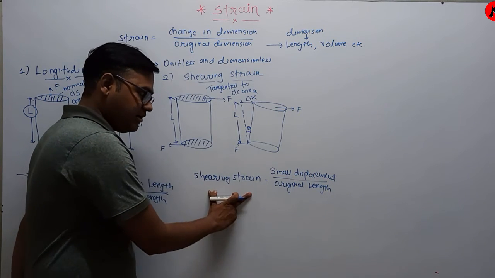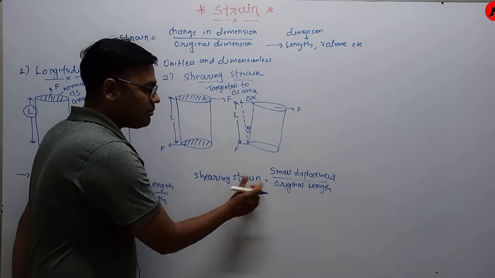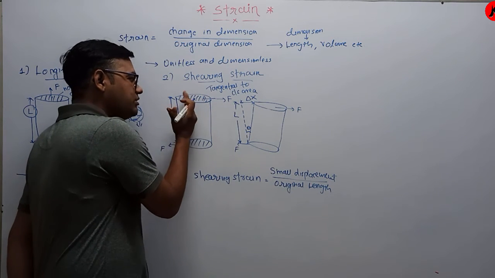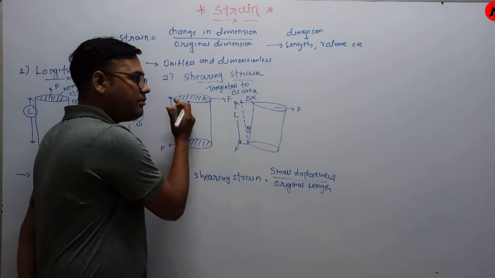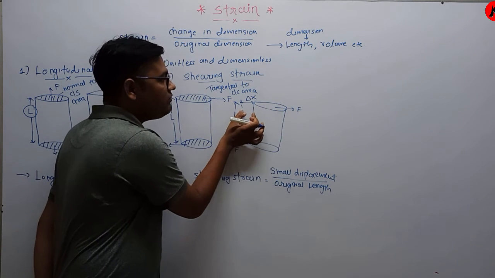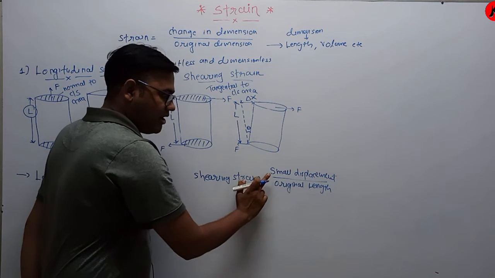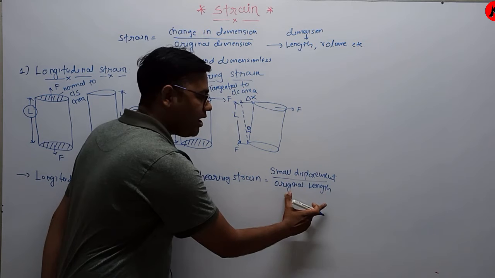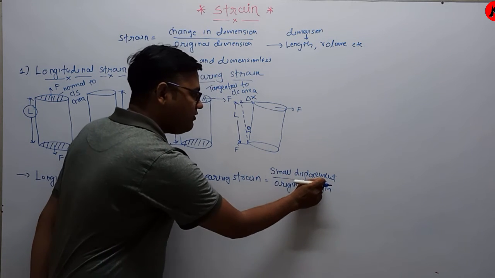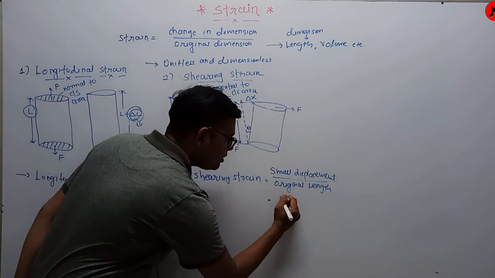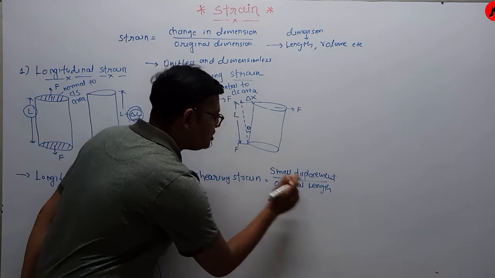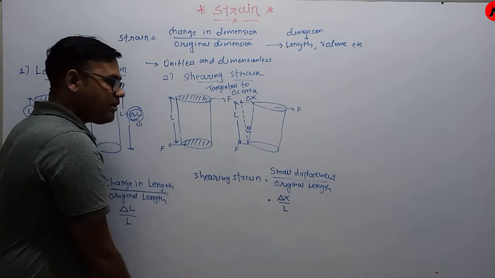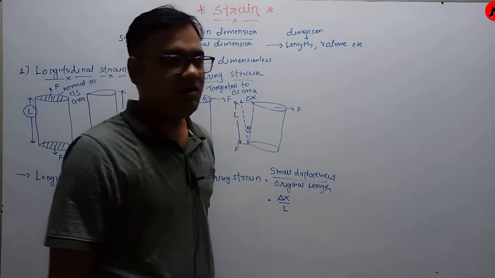In shearing strain, I am repeating, the original position of the cylinder is like this, but when we apply the force, a small deflection delta x occurs. Shearing strain is given by small displacement divided by original length, where small displacement is delta x and original length is L, right? So shearing strain is given by the equation delta x by L, very simple.